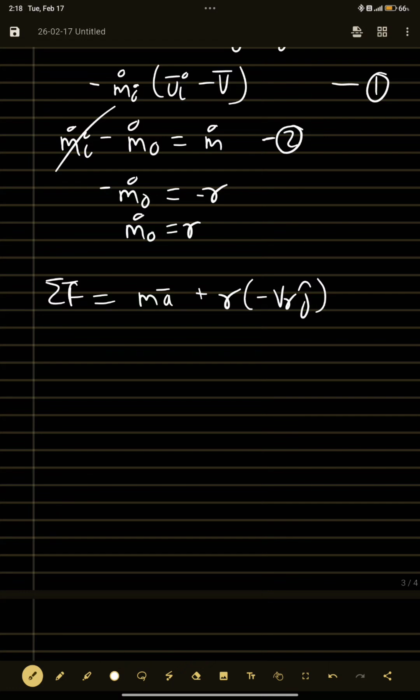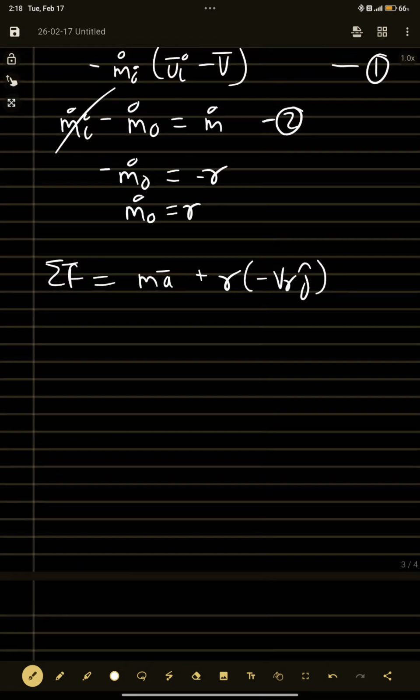And this you can further write as minus mg j. So to answer your question, this actually is the lift force. And that will be M into, so the thrust is actually the lift force here.